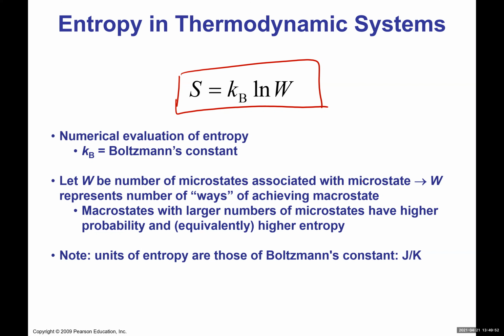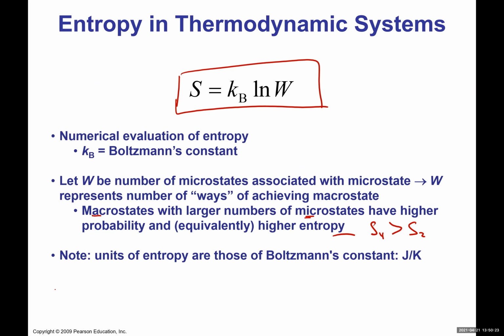So macrostates with a larger number of microstates have higher probability and equivalently higher entropy. That's why the entropy of macrostate 4 is greater than the entropy of macrostate 2. The units of entropy are then the Boltzmann constant, joules per Kelvin. This is one of the ways we can represent entropy in terms of this equation.